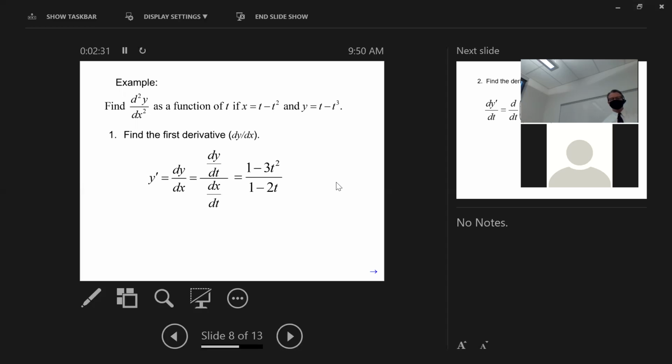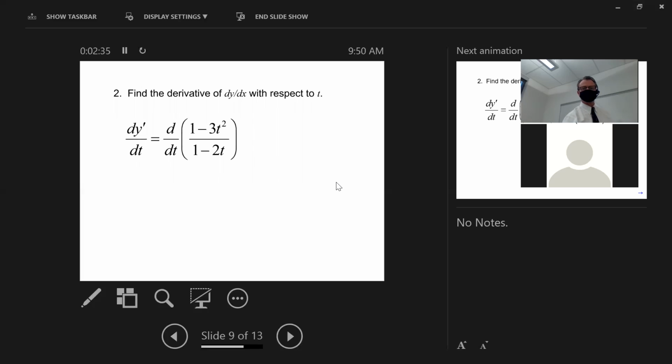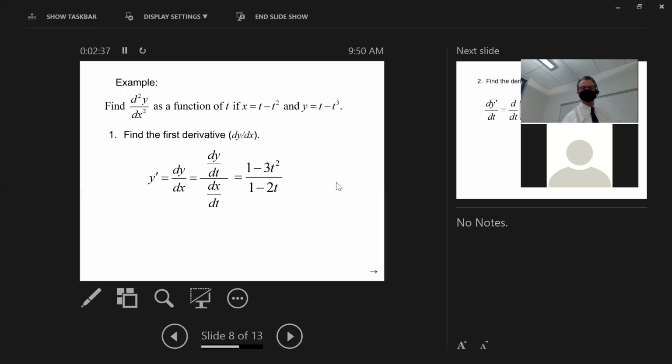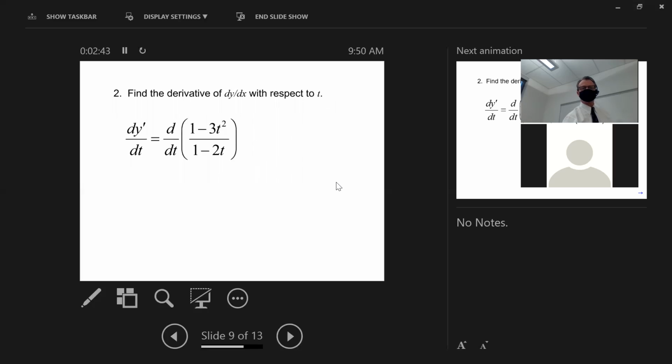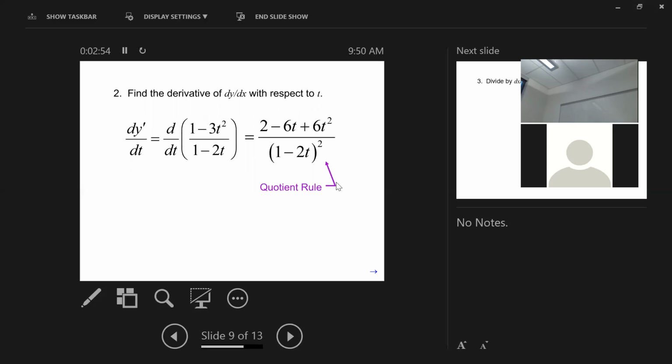But to get the second derivative, ready? That's just what the first derivatives are. You have to differentiate this, which would be the quotient rule. The denominator squared.